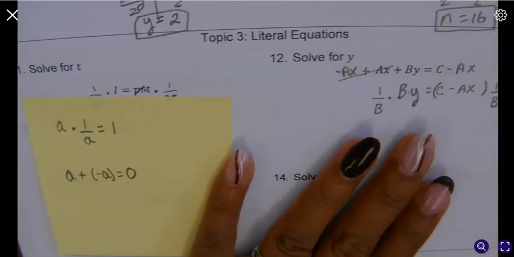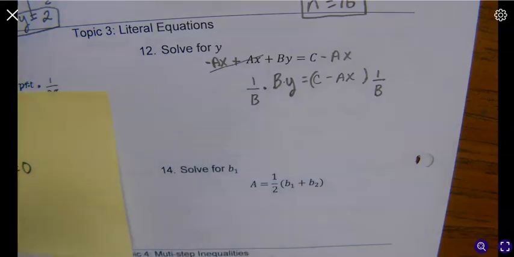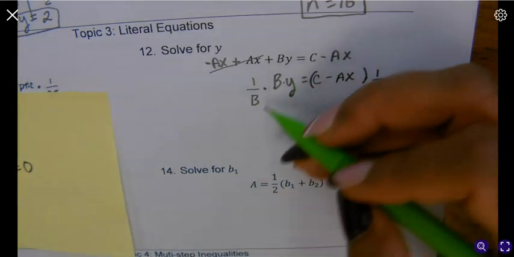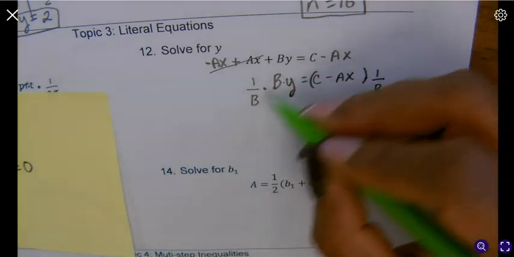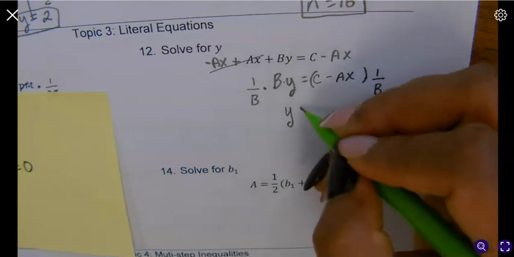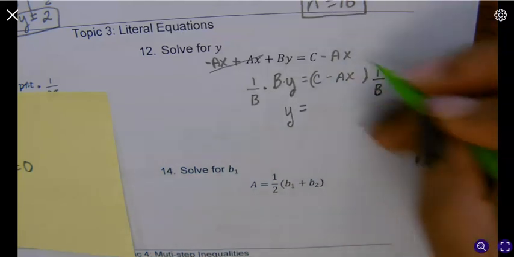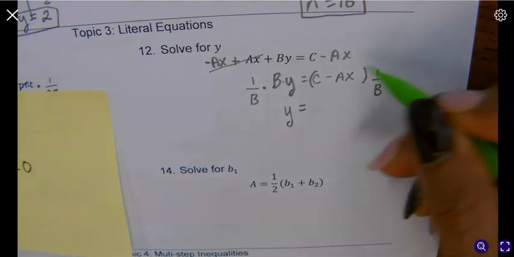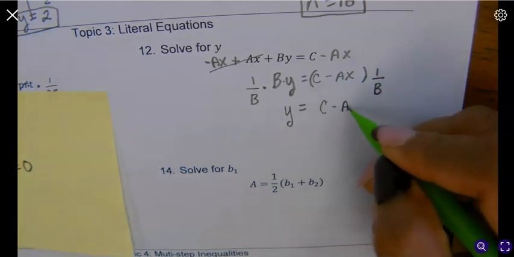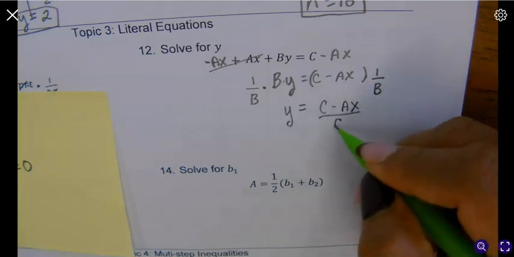Now what happens here is the b's get canceled out, so you just have 1, and then 1 times y is just your y. And then here, the way we write this, either we can distribute that out, or we can just stick it under the whole thing like that.